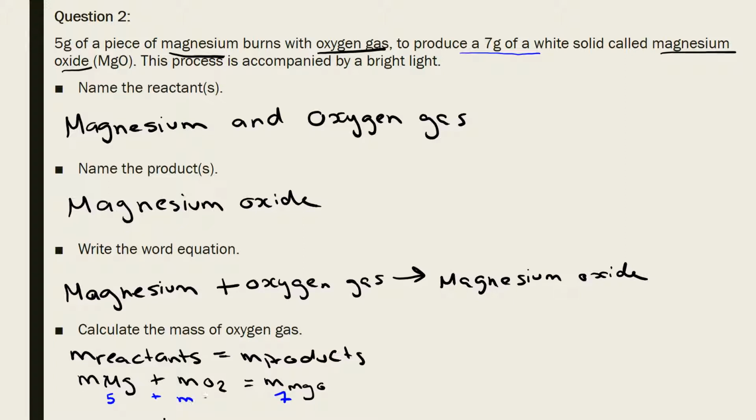We need to know the mass of oxygen gas. I'm going to write it for you so you know where we're at. To solve this equation, we need to rearrange it. So the mass of O2 is 7 minus 5, which is 2 grams. So the mass of oxygen is 2 grams.